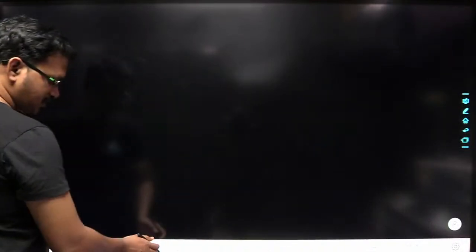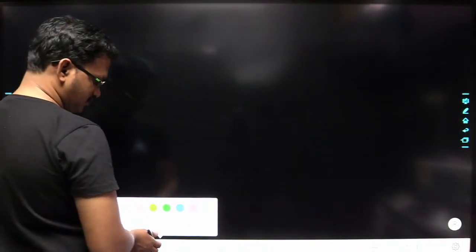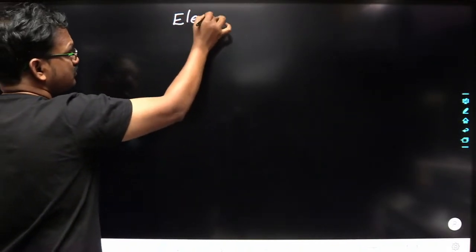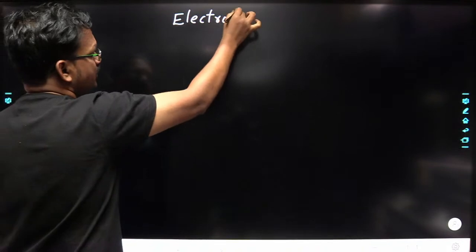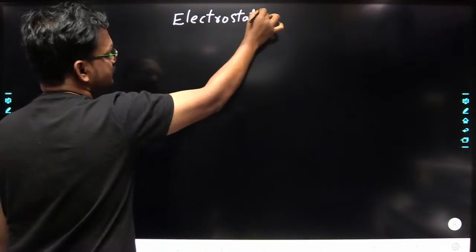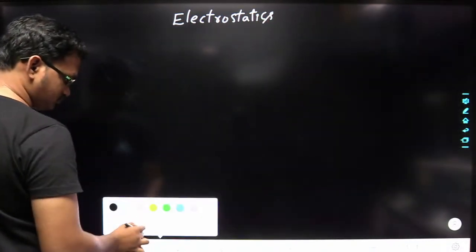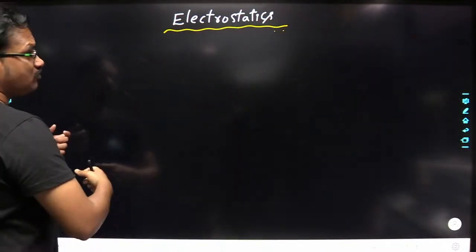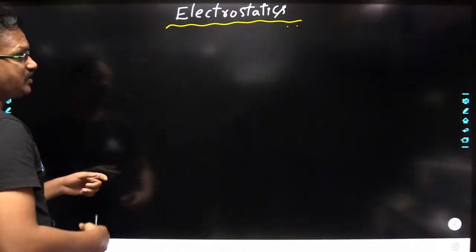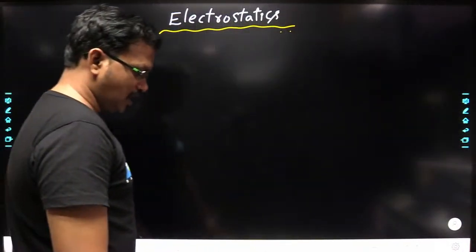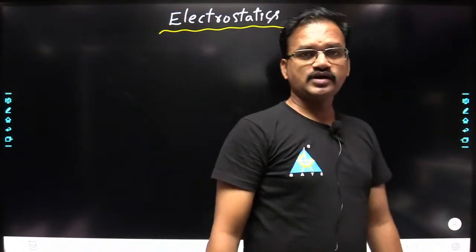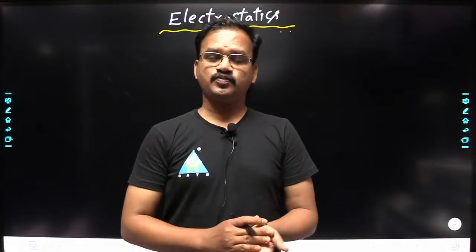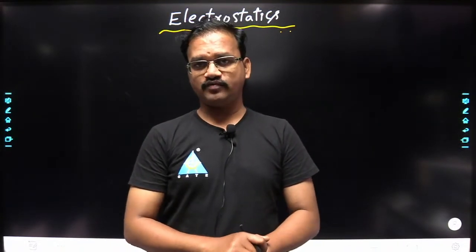So next, in the previous session we have started electrostatics. Yes or no? So what I have told here, I have given a statement that all this electromagnetism is just because of an intrinsic property that is possessed by the fundamental particles of an atom.